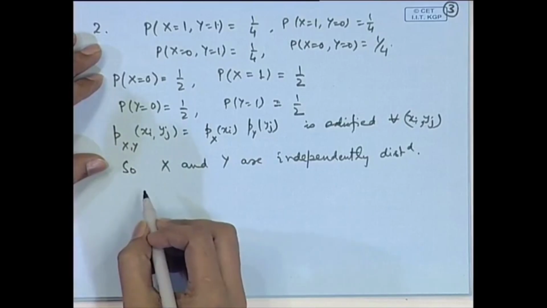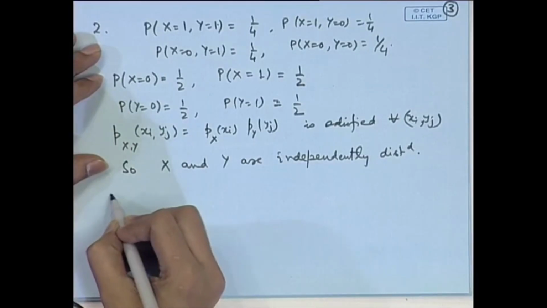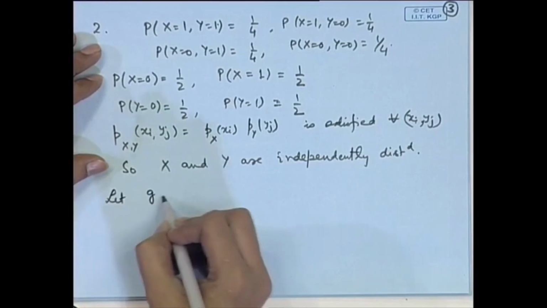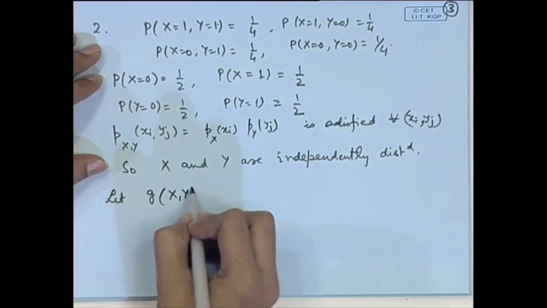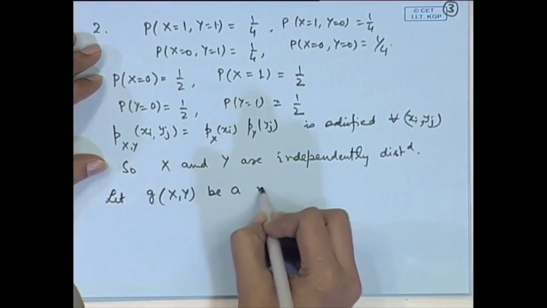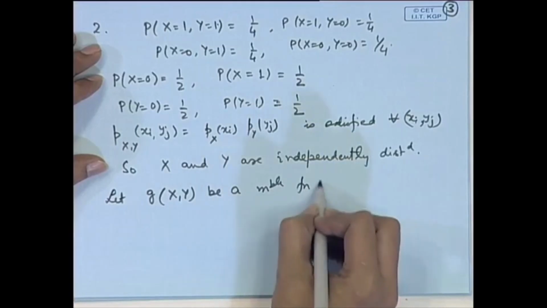Now, let us look at the concept of expectation in case of joint distributions. Let g(x, y) be a measurable function of x and y.